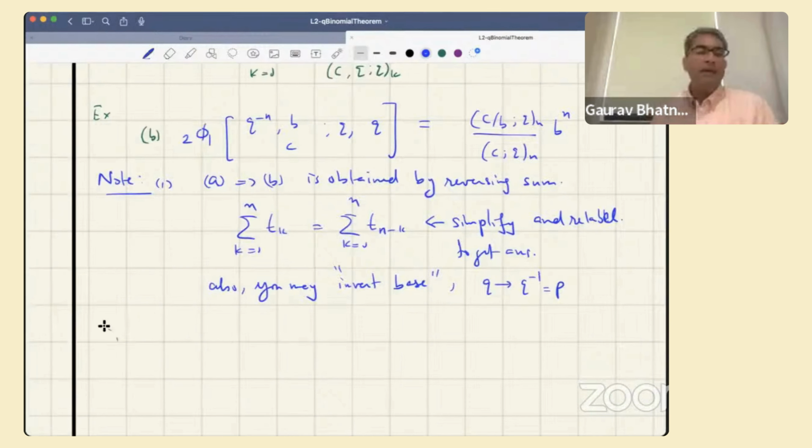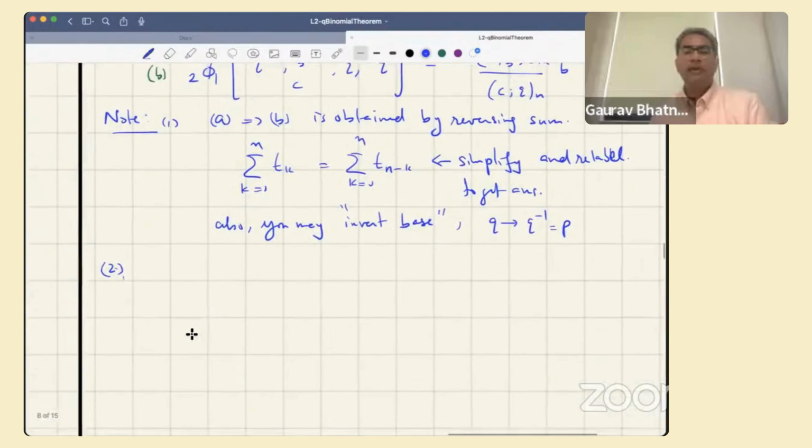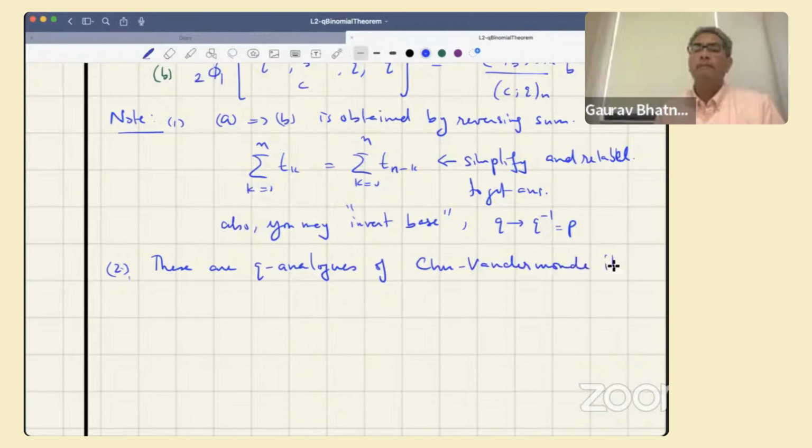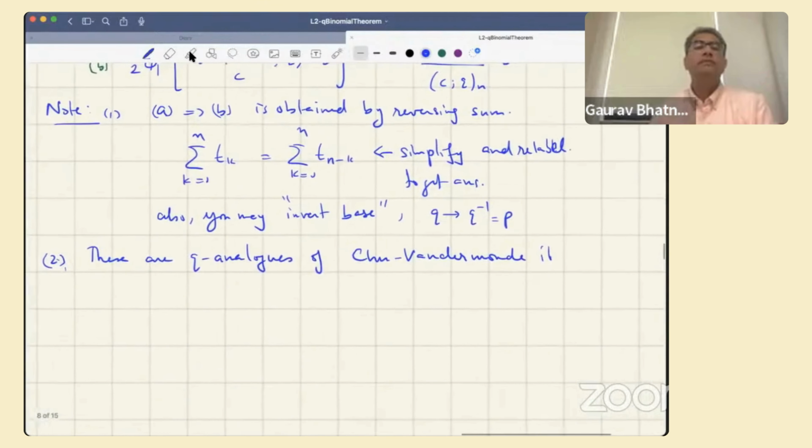And the other note again, which I will not explain, is that these are q analogs of very popular identities from high school. So these are q analogs of what are called q-Vandermonde identities, convolution.